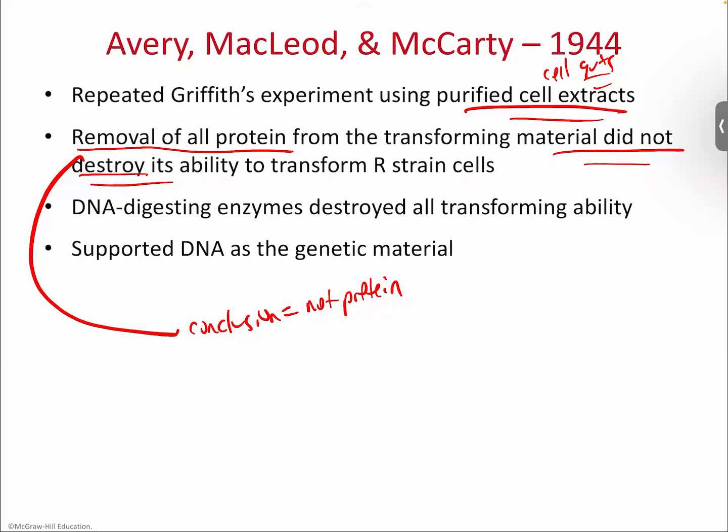And that's what the naysayer said. It's like, well, yeah, you might have removed a lot of it, but I don't think you removed all of it, right? So there's a lot of questions there. And you're talking about this random slurry of stuff, and most of that stuff, we don't know what's in there. Remember, we only have a very beginning knowledge of the macromolecules. We don't really know anything about RNA at this point.